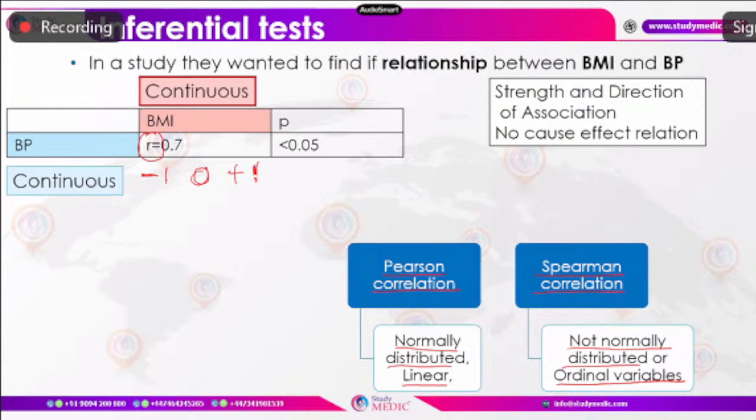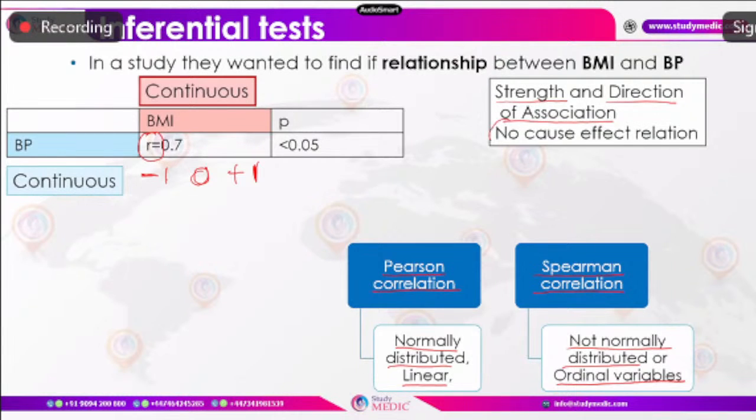If the R value is +1, it is the highest possible positive association that can be found between two continuous variables. If the R value is -1, that is the highest possible negative association that can be found. If the R value is near 0, it means the correlation is not much. So R value, which is the coefficient of correlation, is used to find out the strength as well as the direction of the association.